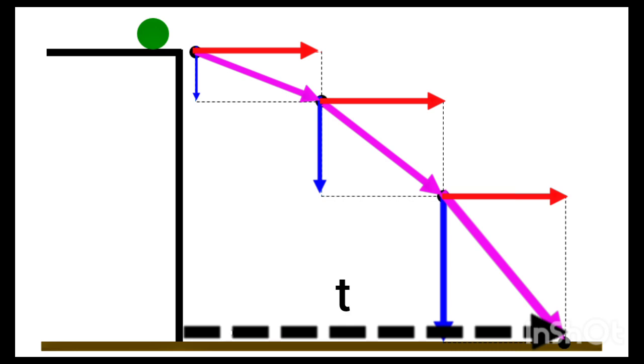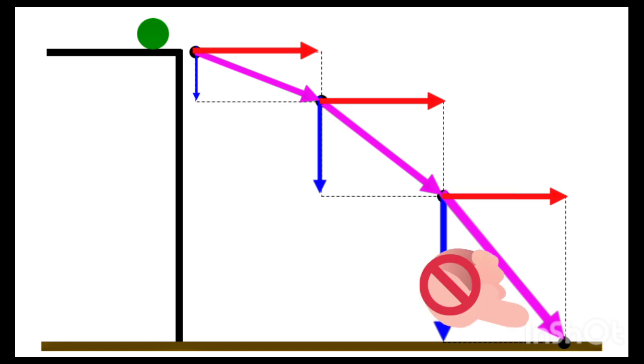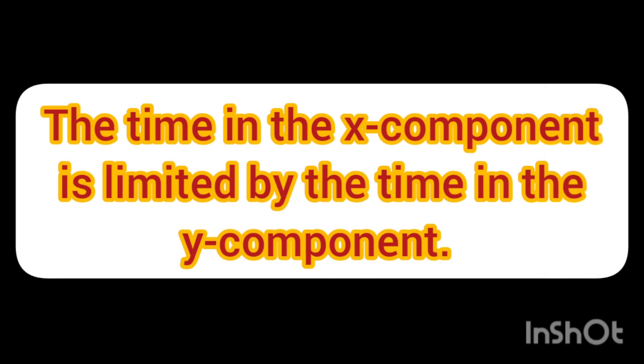The time taken by the projectile to cover this range is dependent on the time taken by this projectile to reach the ground when it falls, because the projectile can no longer move forward if it has already hit the ground. Therefore, the time in the x component is limited by the time in the y component.